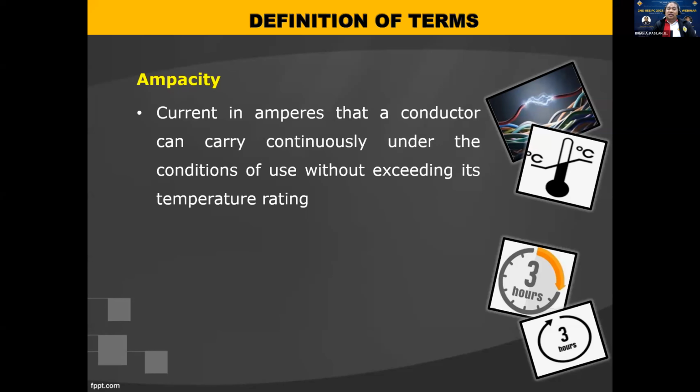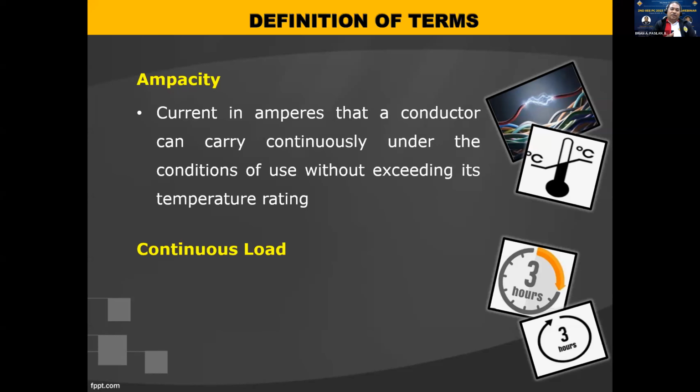So may temperature rating din yung mga conductors. Okay. So may temperature rating yung iba't ibang type of conductor. Yung conductors natin depende sa insulation type, no? So TW, THW, tsaka THHN, we all know na they have their own temperature rating.